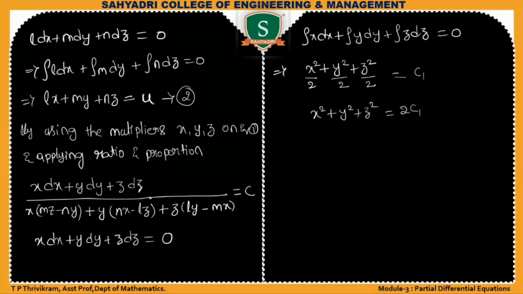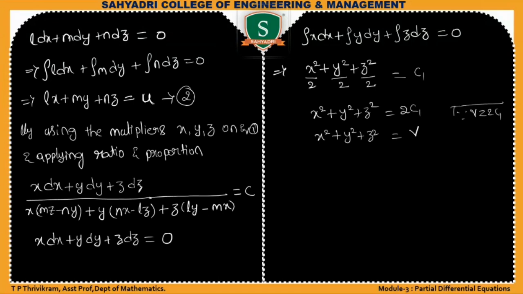So this 2c1 I can take as v. Now we got equation 3.